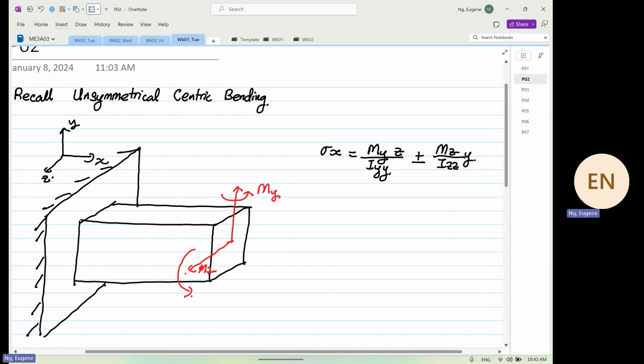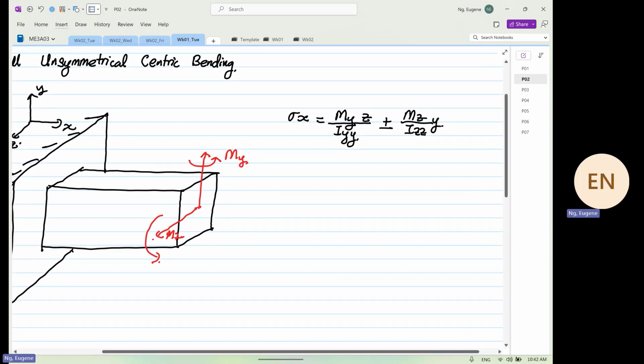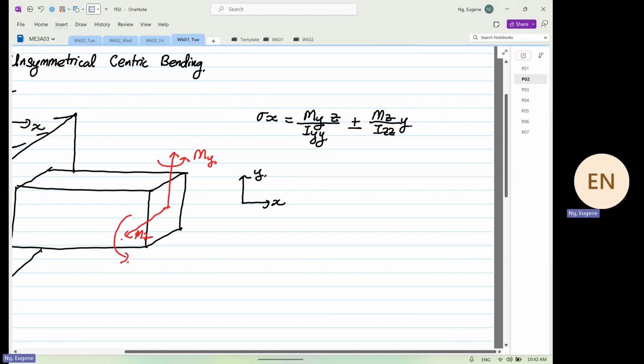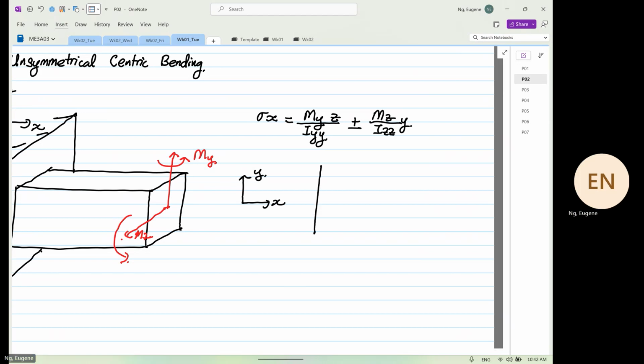Okay, so if we were to look at our deformation pattern, we draw our transformation in the XY plane. When we look at our XY plane, what do we see? We see this.